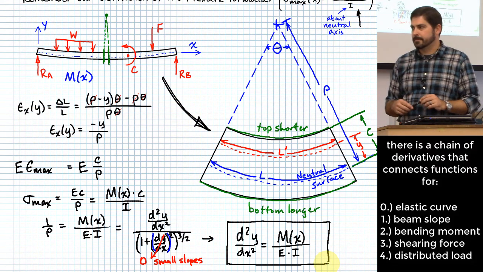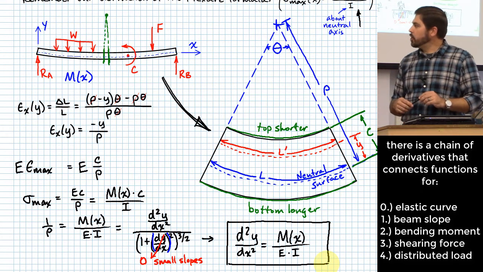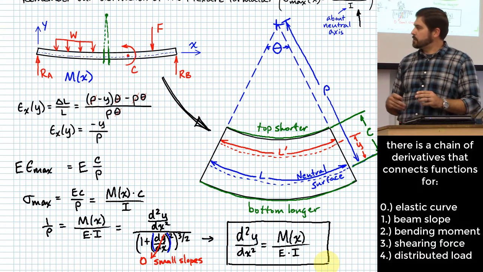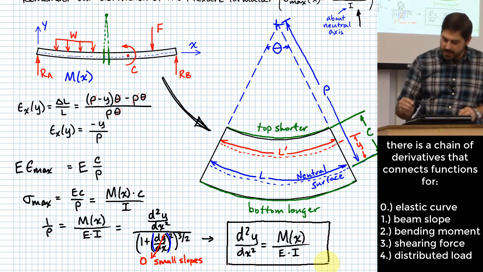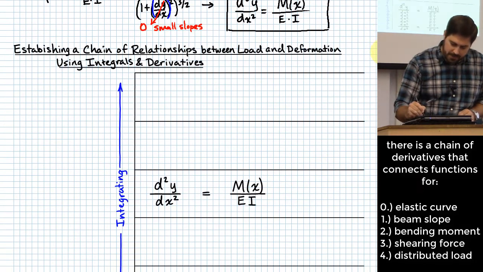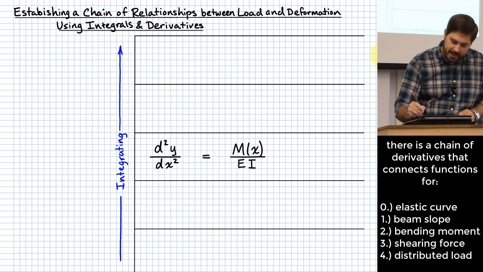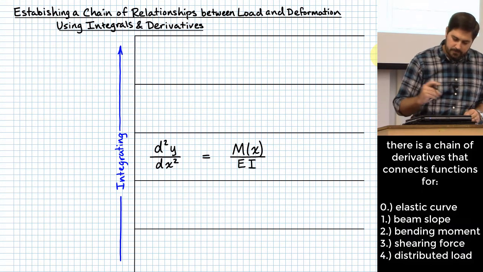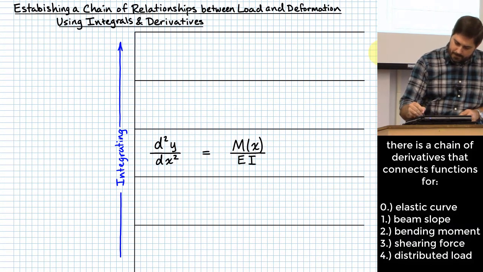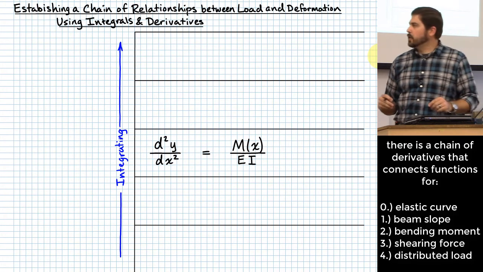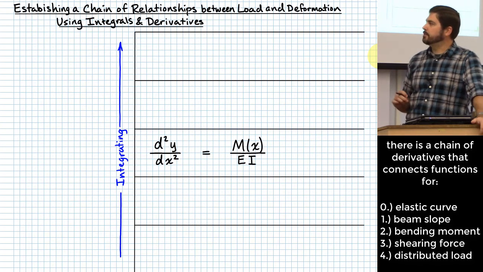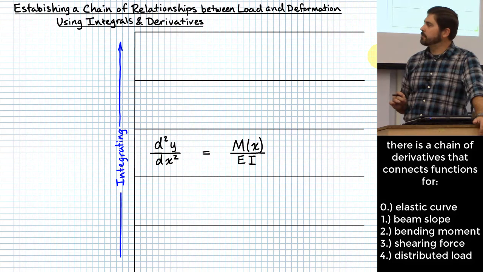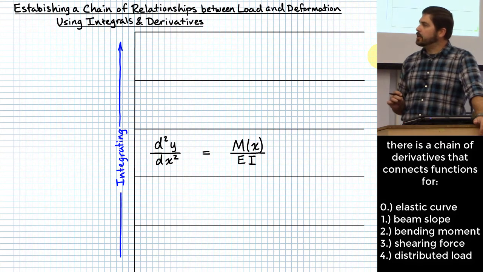We good so far? Well, now what I want to do is show you where this goes. So we start with this second derivative equal to M of x over EI. Let's see how we can use that now. Let's imagine what would happen if I took that expression, the second derivative of y with respect to x, set it equal to M of x over EI, and I integrated both sides.